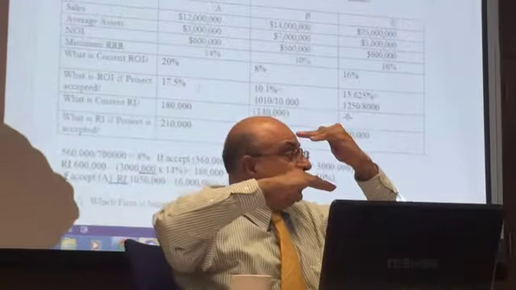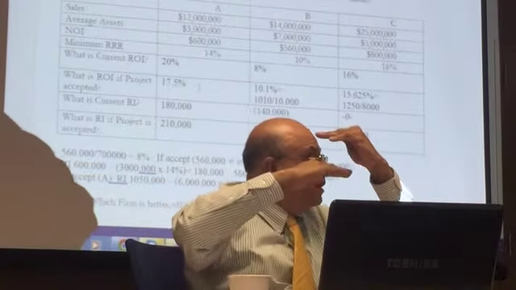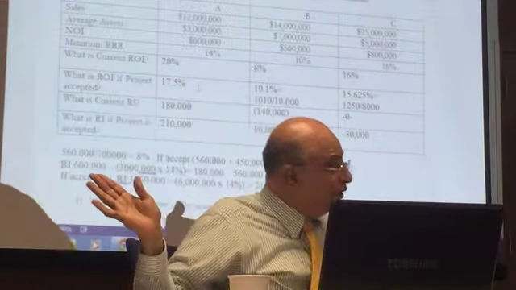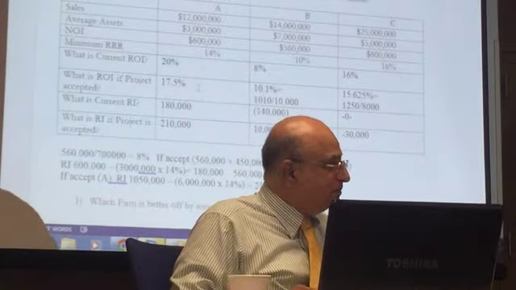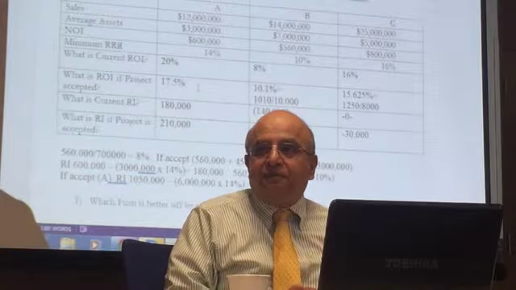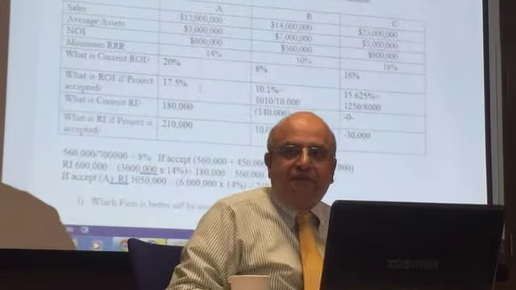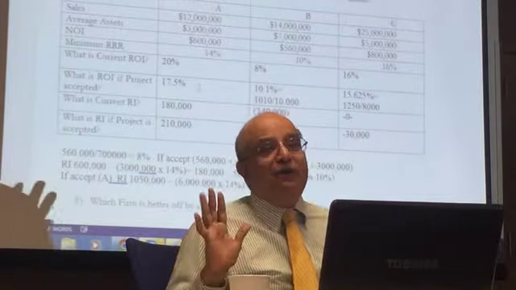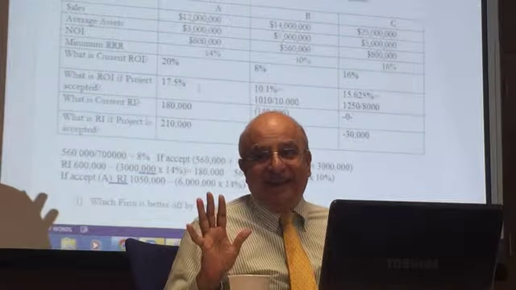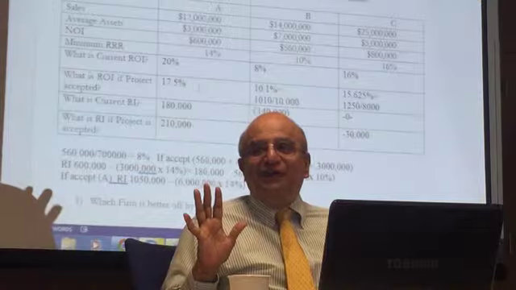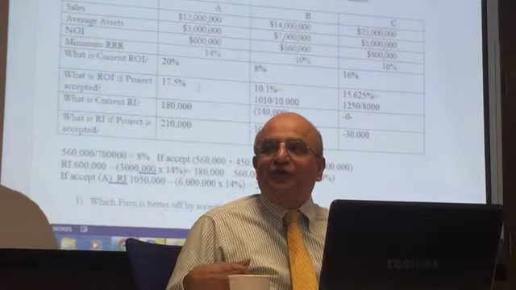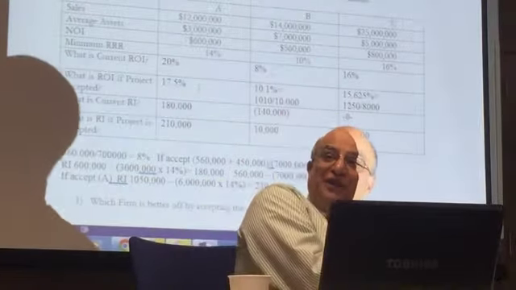But if it is below their current ROI but above the minimum rate of return, they're going to say no. That's the problem with ROI. Divisions that are doing well will turn down profitable projects because they're not as good as the projects they have already.